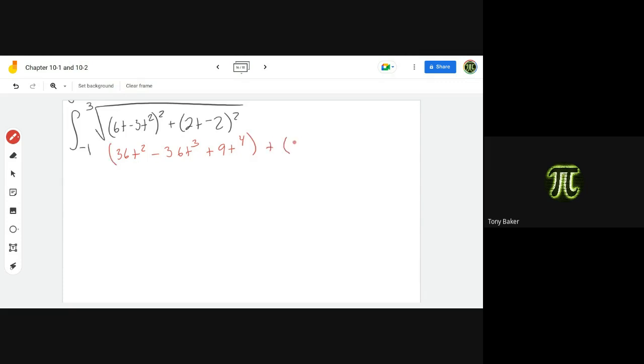Plus 4t squared minus 8t plus 4. So we've got 9t to the fourth minus 36t to the third plus 40t squared minus 8t plus 4.